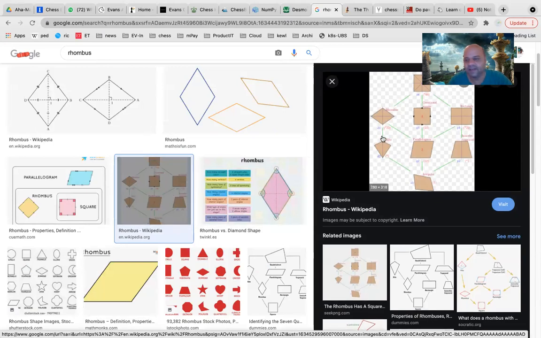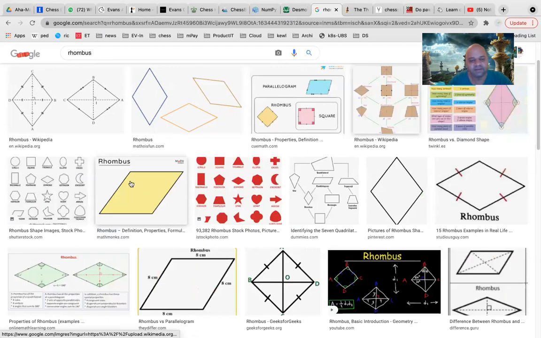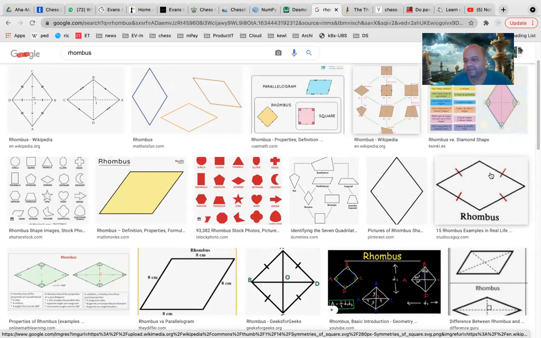You see here at the center is the square, and a rhombus is when you squash it like this, on the left side. Can you see this? Wikipedia will have it too. Yeah, a rhombus is like this. All sides are equal, but the angles are not right angles. Typically 2 of the angles are acute, less than 90 degrees, and 2 of them are more than 90 degrees. This is what is called a rhombus.